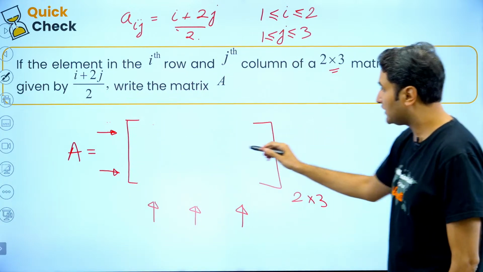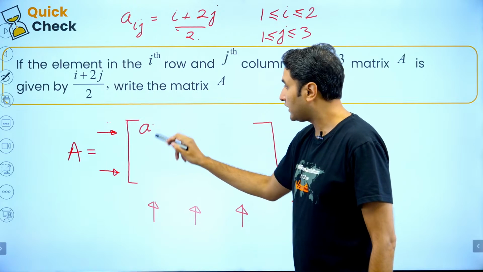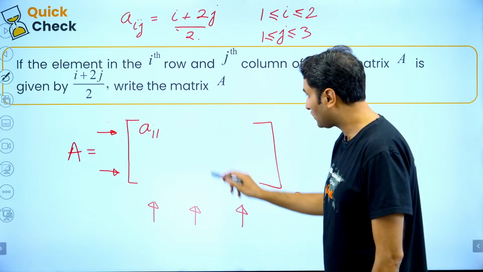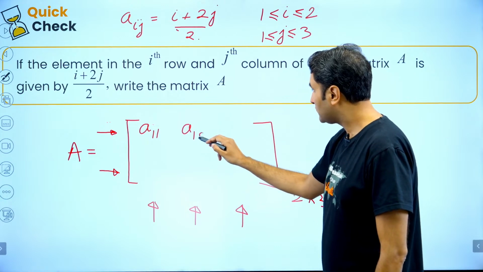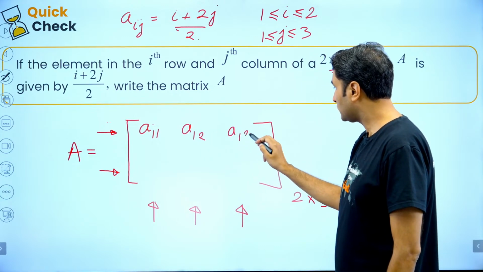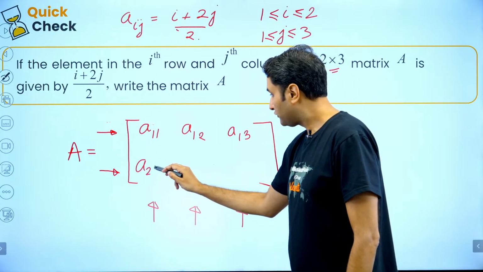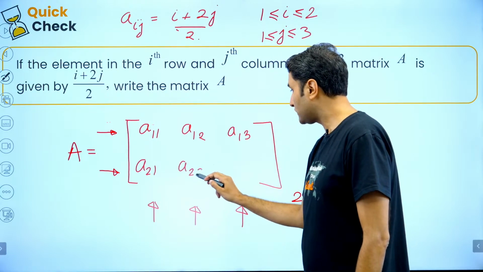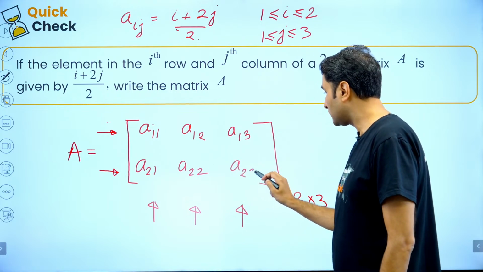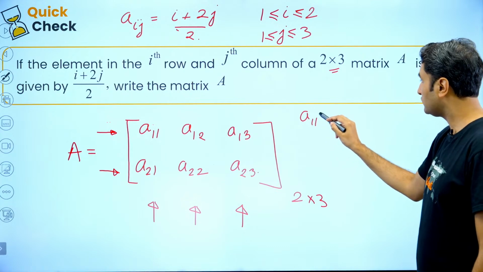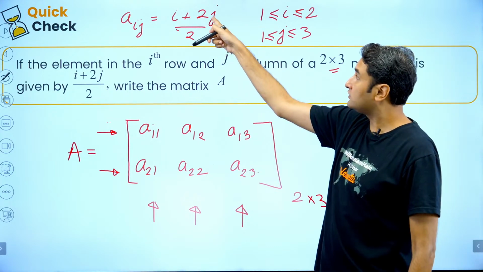So what is the first element? Can I write it as A11, first row, first column; A12, first row, second column; A13, first row, third column; A21, second row, first column; A22, second row, second column; A23, second row, third column. Now let's find out their values. What is A11? Put i 1, j 1.